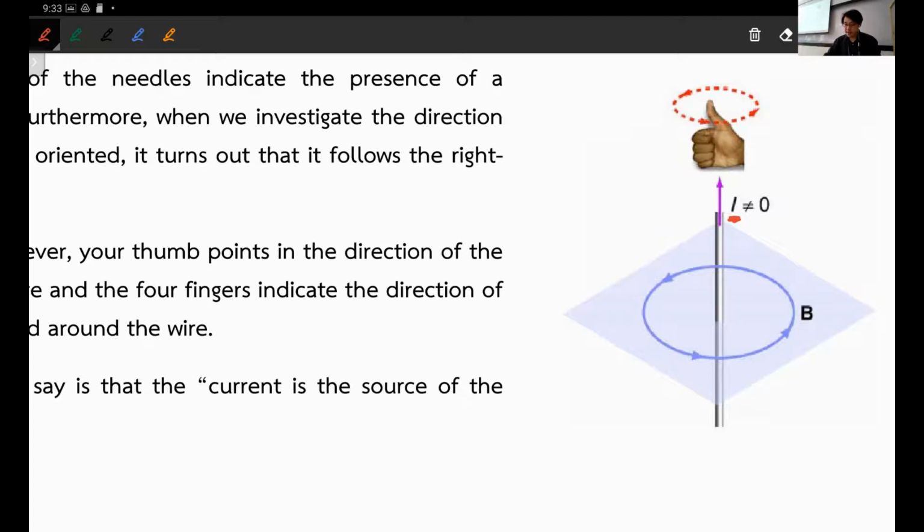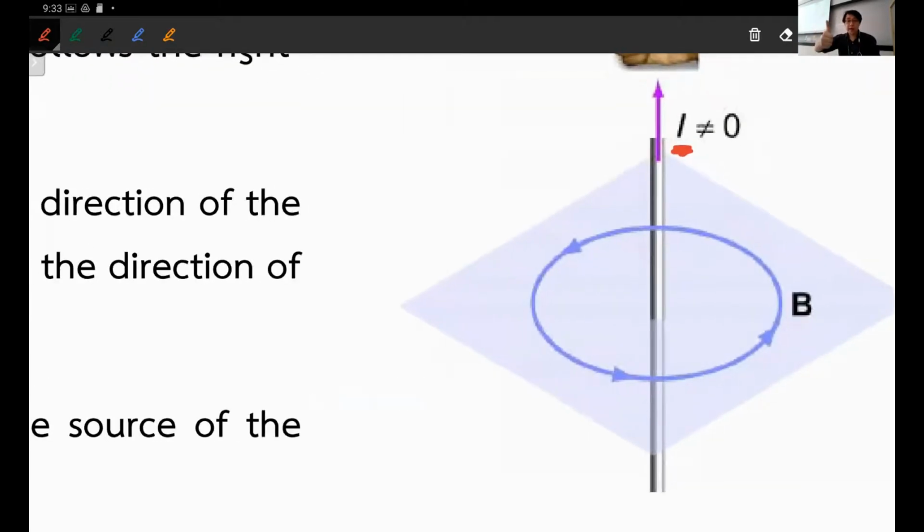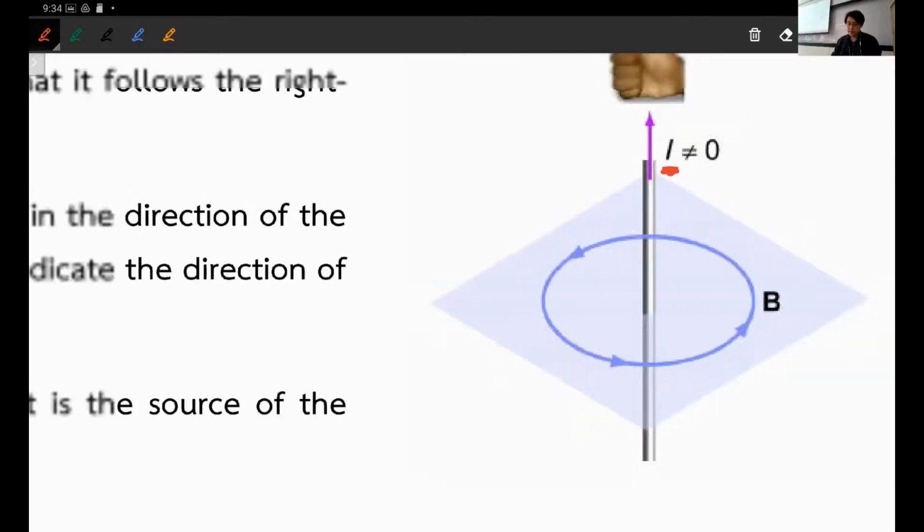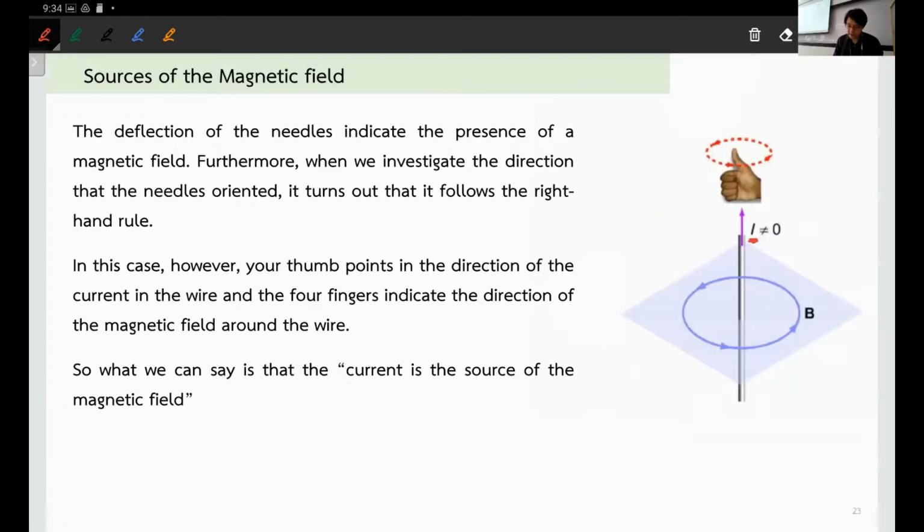If your thumb is pointing up and your fingers wrap around, you will see the magnetic field direction given by the right-hand rule. If you look downward, it's going to be counterclockwise in this case. So this is the conclusion: the current is the source of the magnetic field.